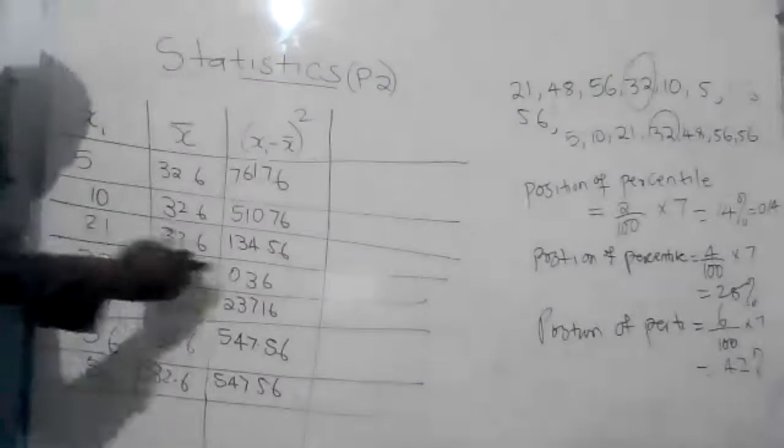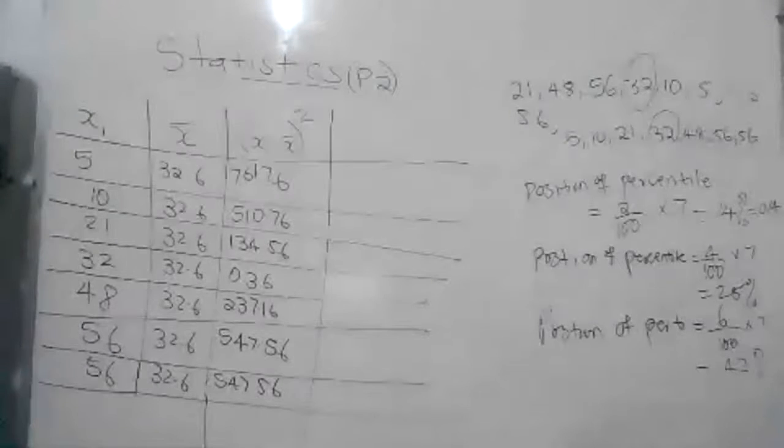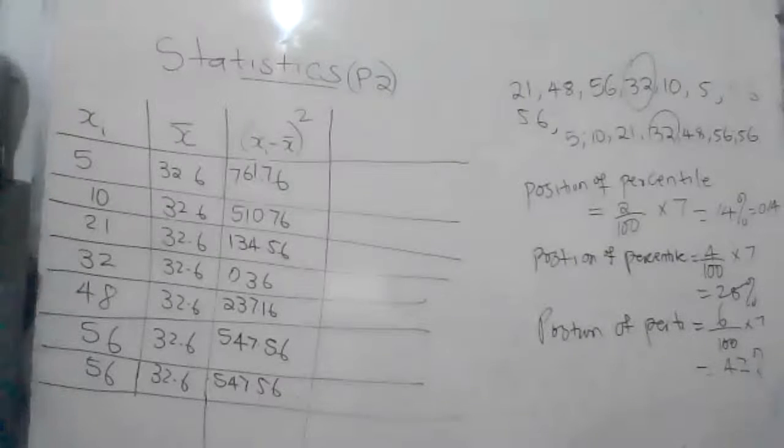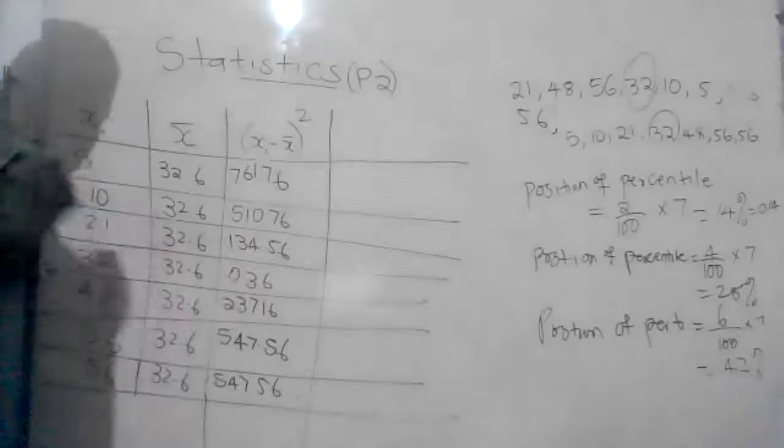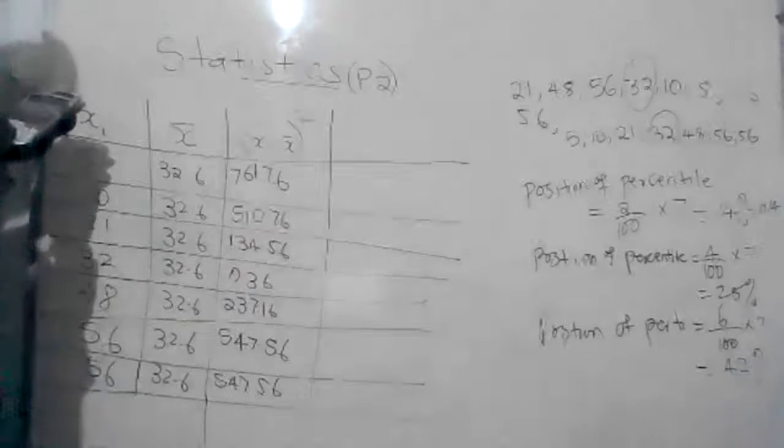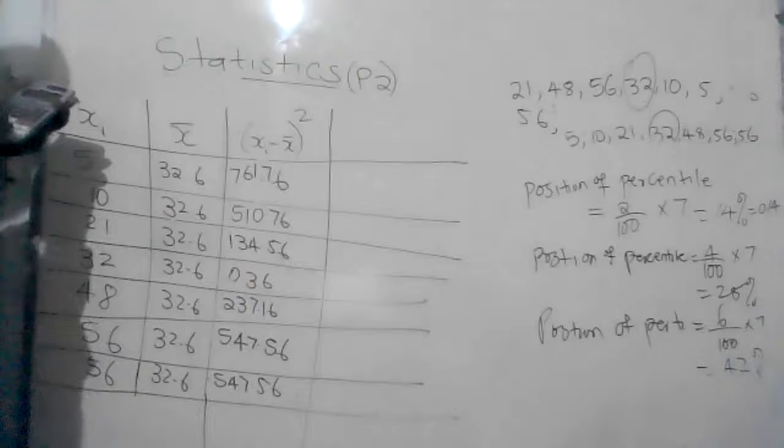I don't agree with that one. It's 32.6. Oh yeah, it's correct, because it's 0.6 squared, which is 0.36. All right, let me do the calculations here.